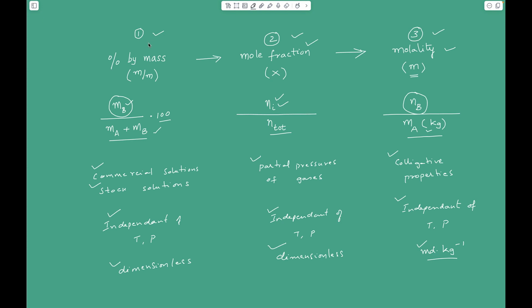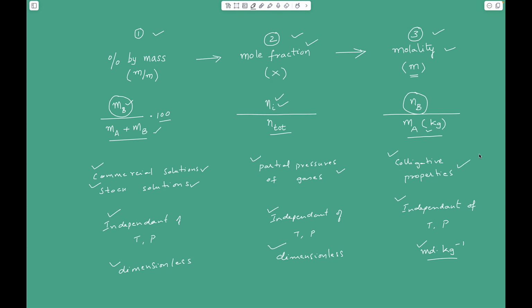And so far we discussed three concentration terms. The first one, percentage by mass, is appropriate for commercial solutions, stock solutions, etc. Mole fraction is used in case of partial pressures of gases, and molality for colligative properties.